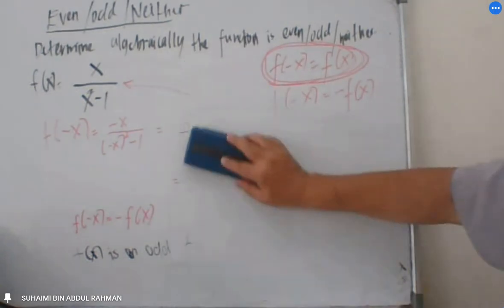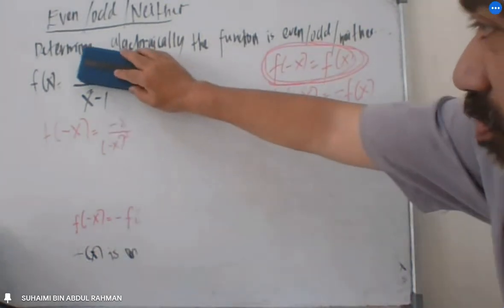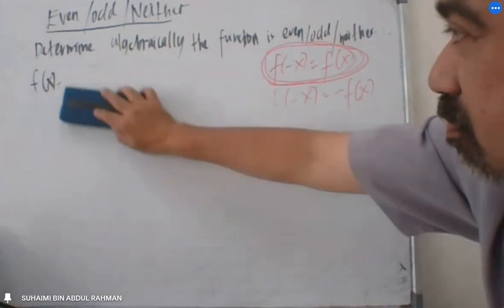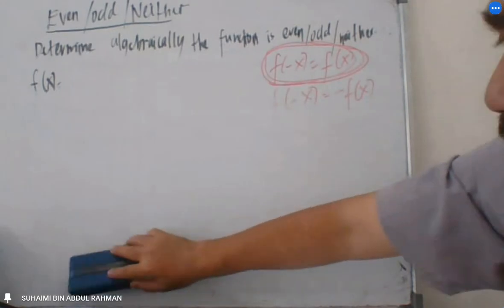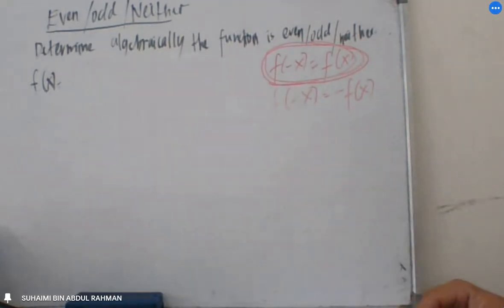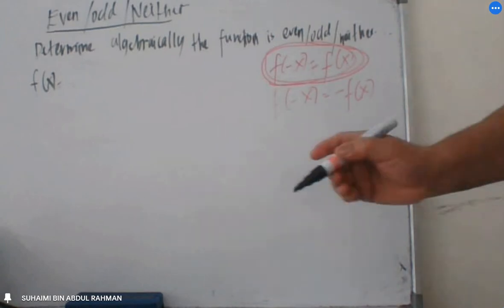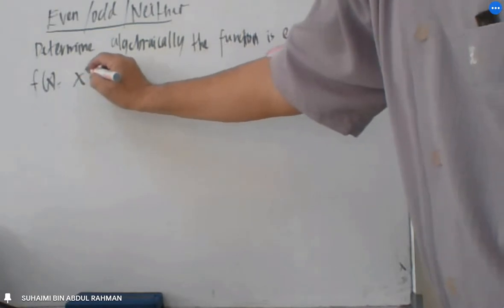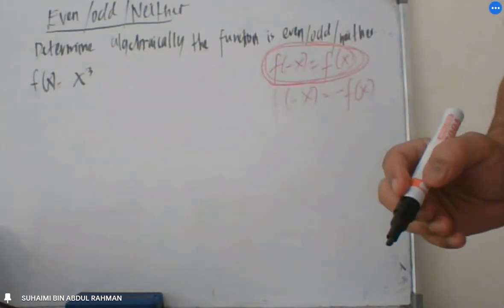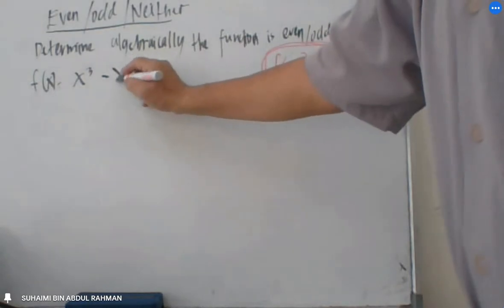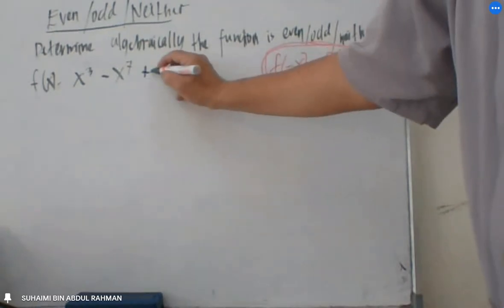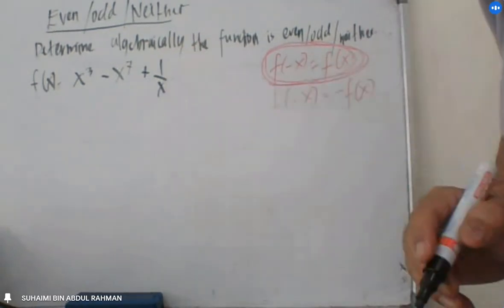Then we have another function. x cube minus x power of 7 plus 1 over x.